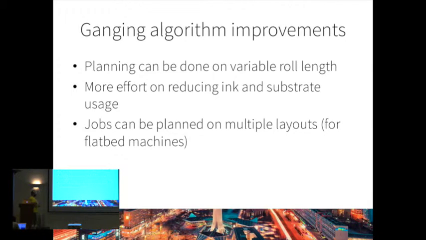And then the other thing that you'll see, and that is also new, is that jobs can be planned on multiple layouts. It used to be so that if IMP made a calculation, you could end up with 5 sheets in total, with all the jobs divided over those sheets. But one job would always be on one particular sheet.